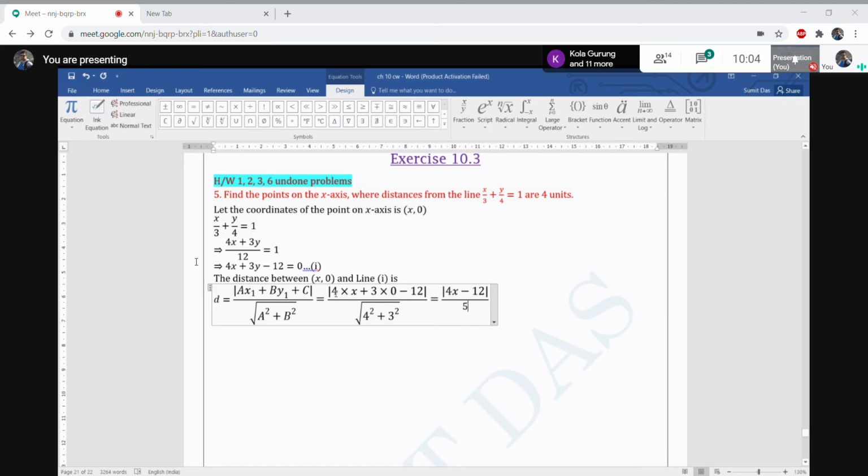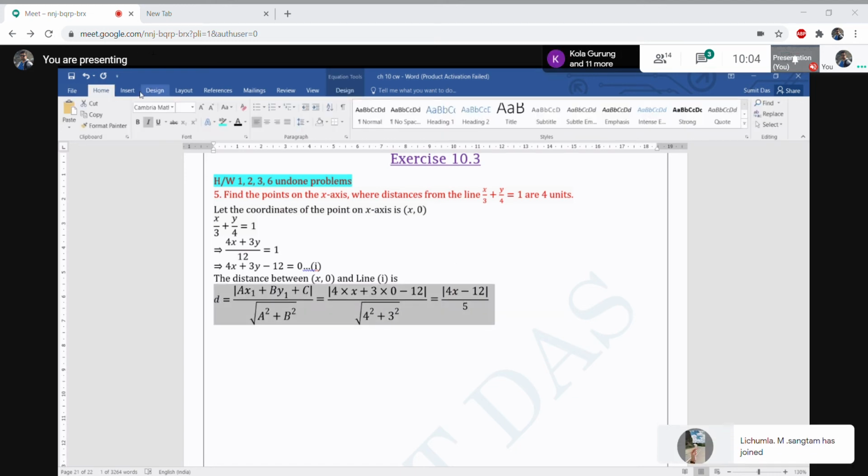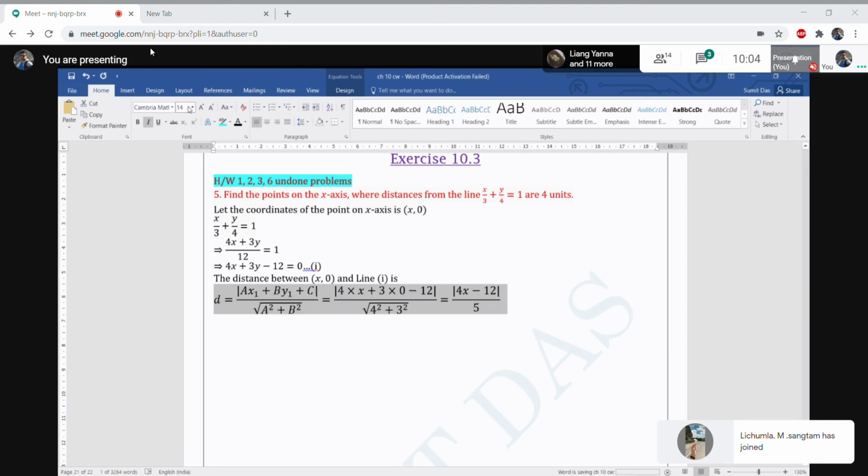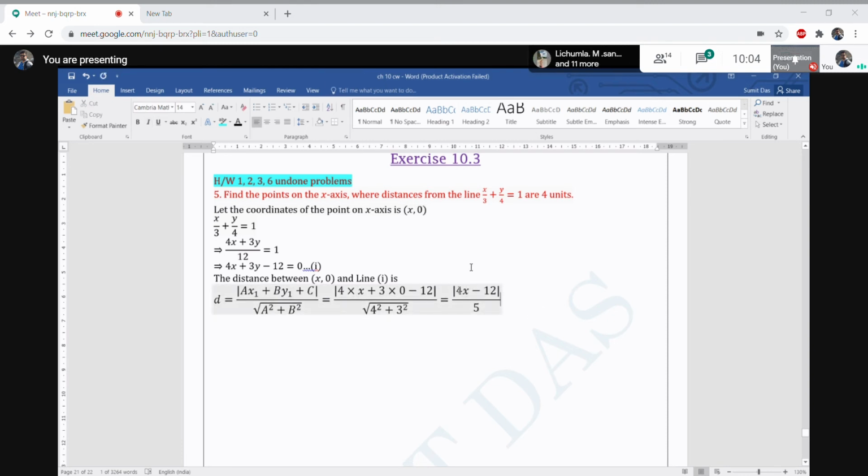Now here, as per the question, it is given this distance is 4 units. So we have to set this one equal to 4.